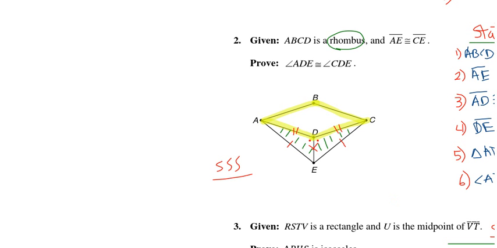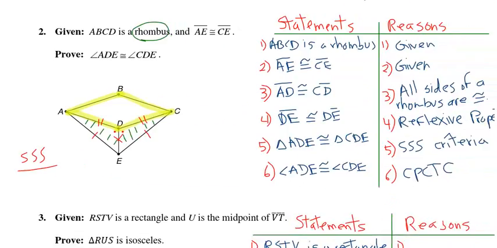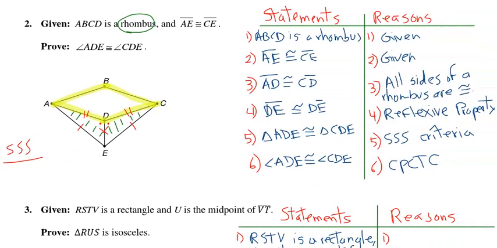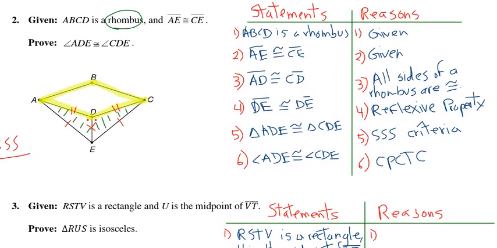So that's the plan, and that's what I have. Actually, I have the complete proof already written down, because otherwise it will take me a very long time to write the proof as I do the video. So here it is. ABCD is a rhombus, that's given. AE congruent to CE, that's also given. And then I have AD congruent to CD.